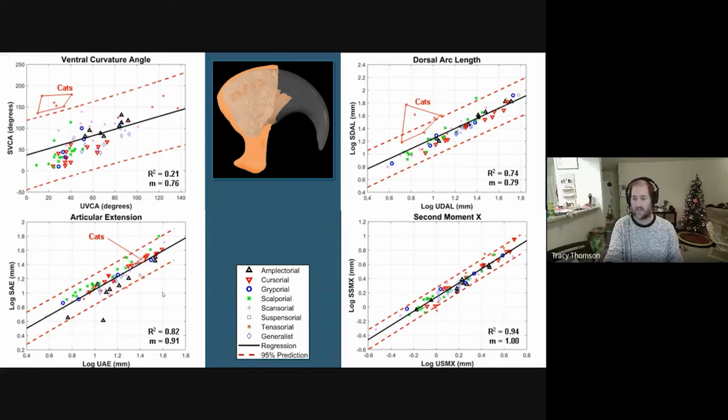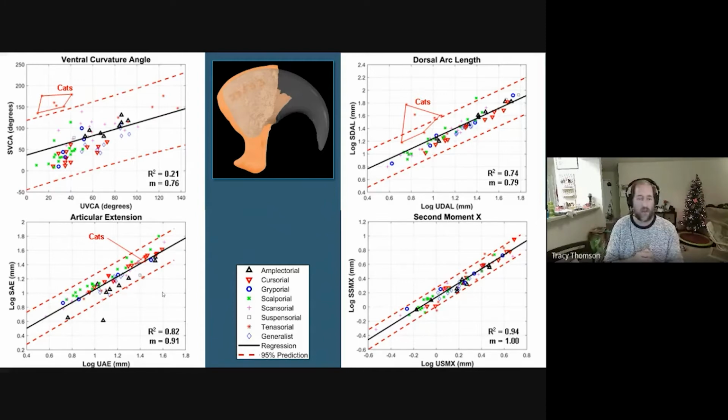In the case of the cross section, the bottom right here, the second moment in the X direction, very tight correlation. The cats aren't sticking out. They aren't separating themselves from the rest of the animals very nicely there. Whereas, for example, in the upper left, the ventral curvature angle, the ungual does not accurately reflect the sheath shape at all when it comes to cats. And then there are cases in between in the other two figures here.